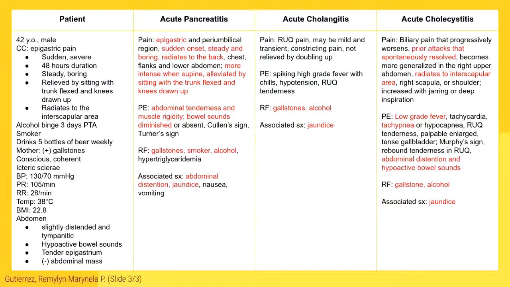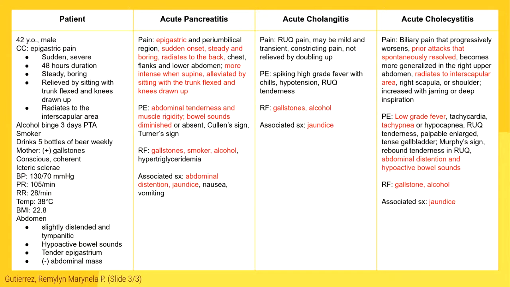The pain was also noted to be more intense when supine and alleviated by sitting with the trunk flexed and knees drawn up. The patient presented with abdominal tenderness and muscle rigidity, and diminished bowel sounds. Risk factors include gallstones, the patient being a smoker, and the intake of alcohol. Associated symptoms present include abdominal distension and jaundice. We also considered acute cholangitis because of the risk factors of gallstones and alcohol.